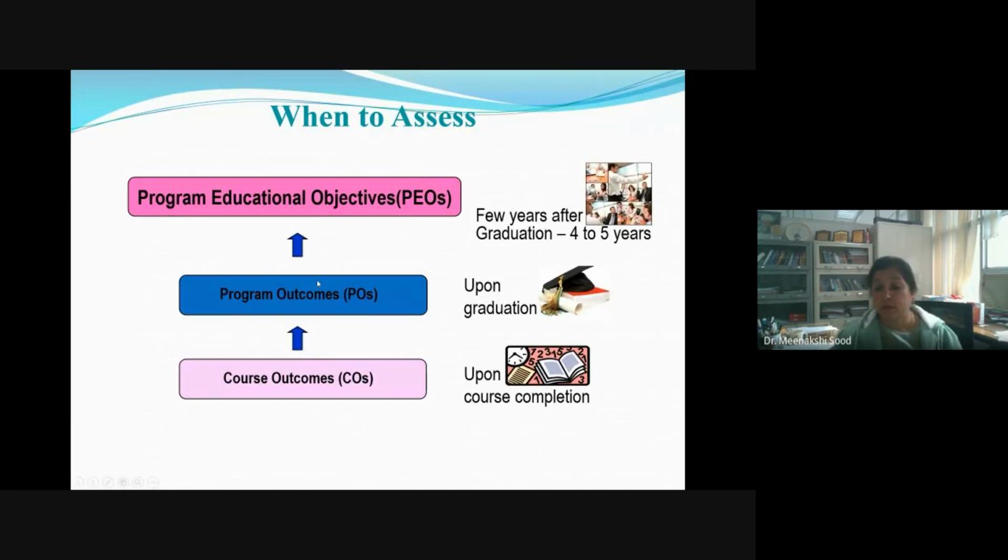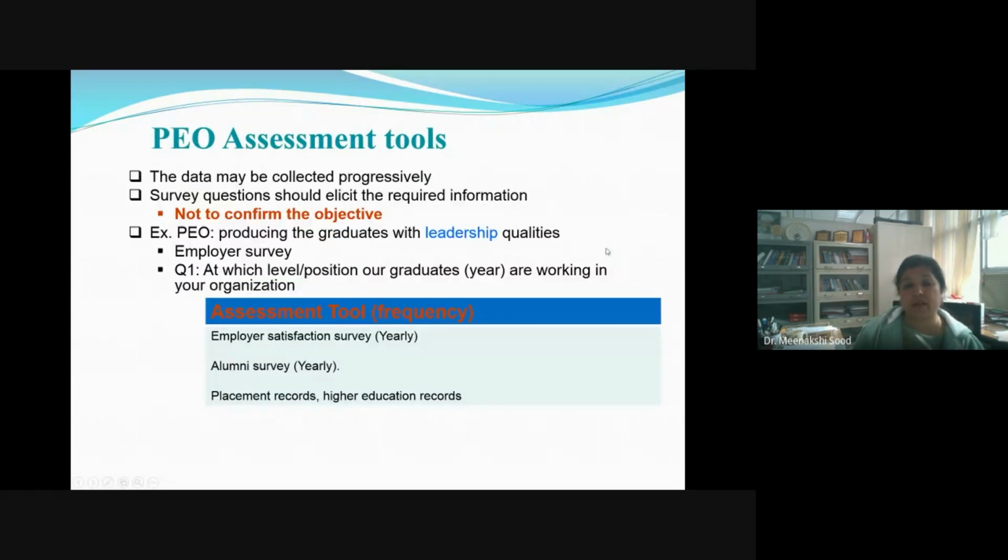Then we have the program outcomes, and that is at the end of the degree, whether diploma 3 year course or 4 year course. So after graduation, we have to check whether the program outcomes have been attained or not. And POs, as I said, after few years of graduation, right? So PO assessment tool, I've already mentioned what the tools are.